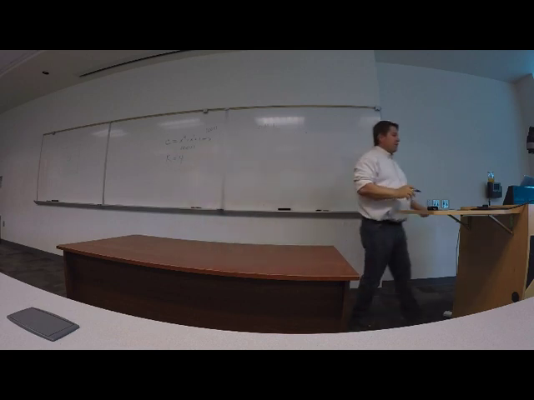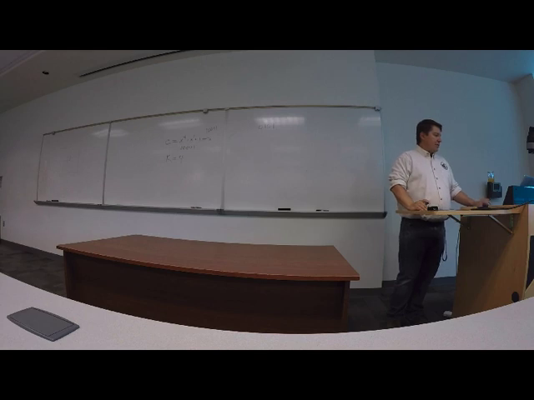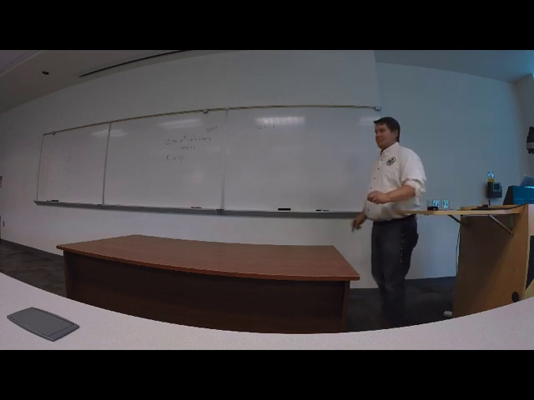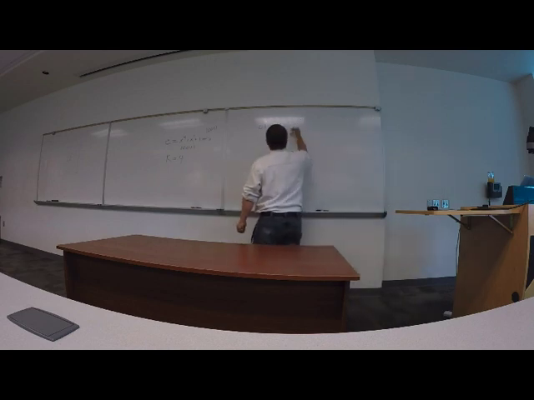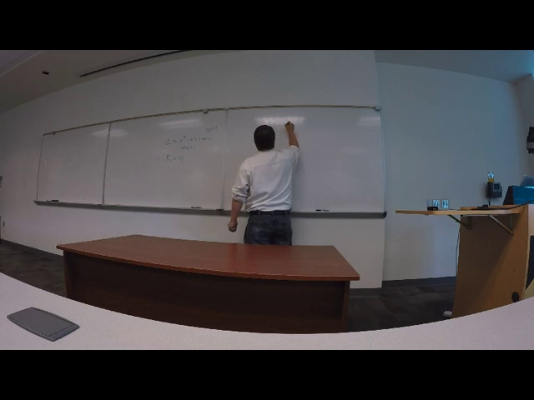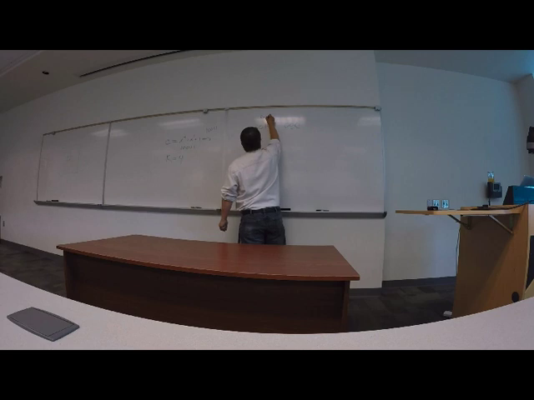So 0101 becomes D, right? So 2D plus 1 is what? That's 7. We're going to put 3 check bits right here. So this is going to be data. This is going to be check.